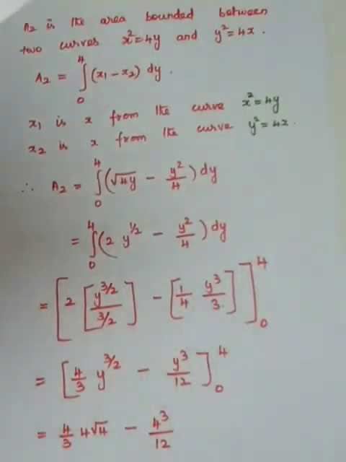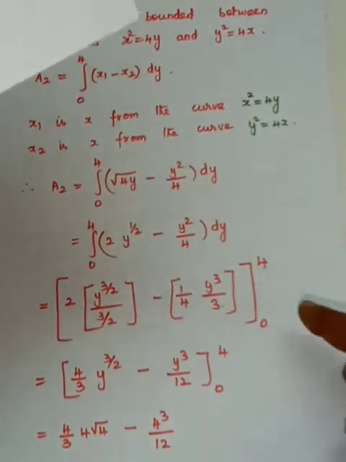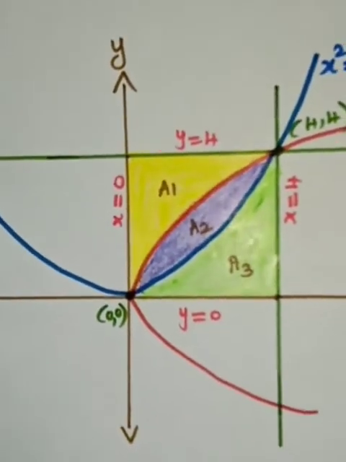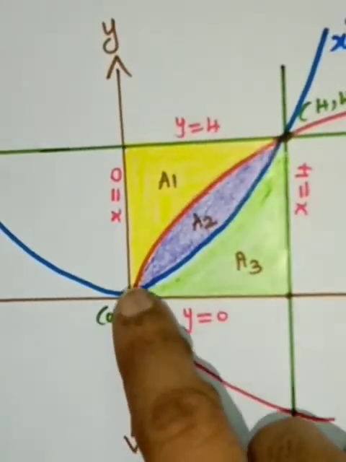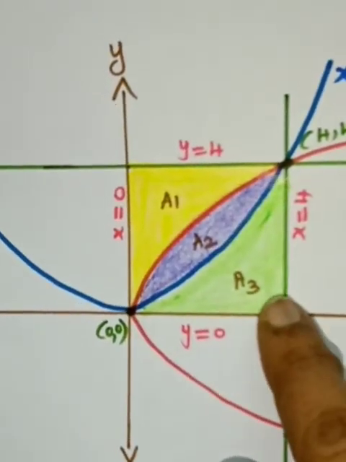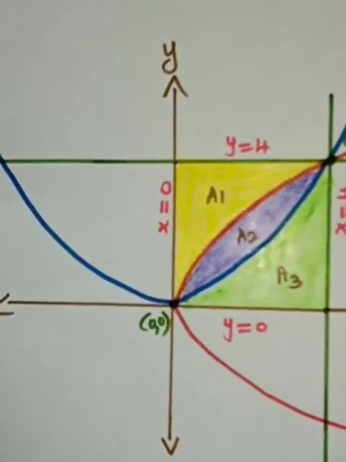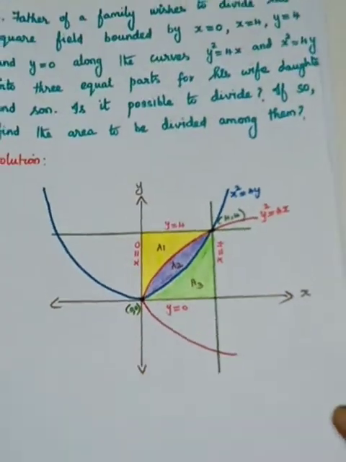Here you can choose x-axis as well as y-axis, because x-axis means x equal to 0 to x equal to 4. So we can choose x-axis as well as y-axis. In this problem I have chosen y-axis.